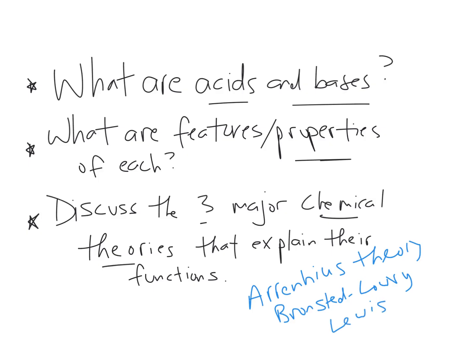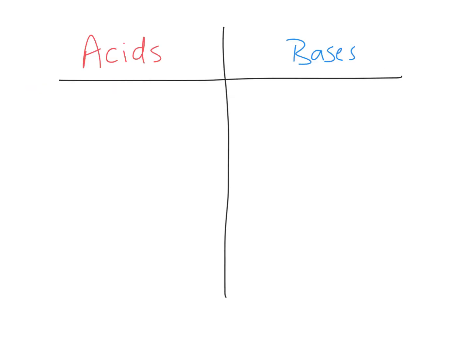We're going to spend time mainly on the first two, Arrhenius and Bronsted-Lowry. Lewis Theory we're going to toss in, but it's not always relevant unless you're taking IB or AP chemistry. Most high school chemistry classes might touch on Lewis Theory like I'm going to in this video, but elaborate on it later for certain practical purposes if need be.